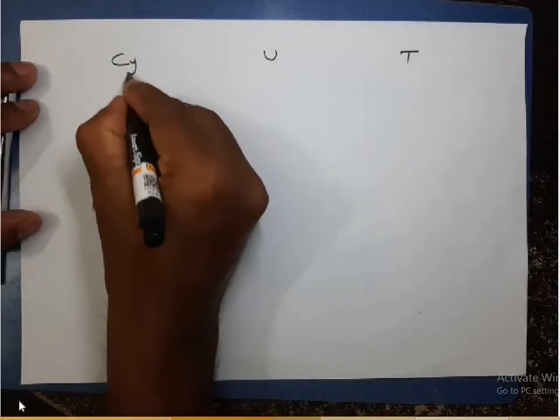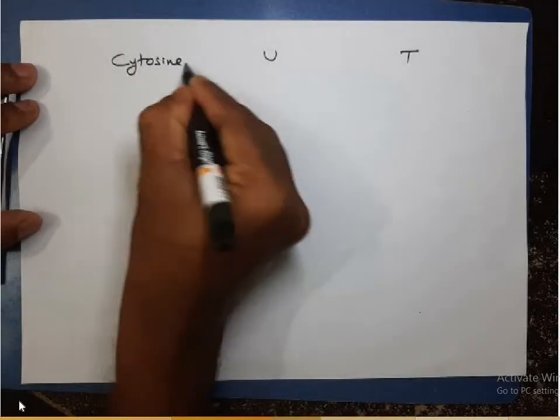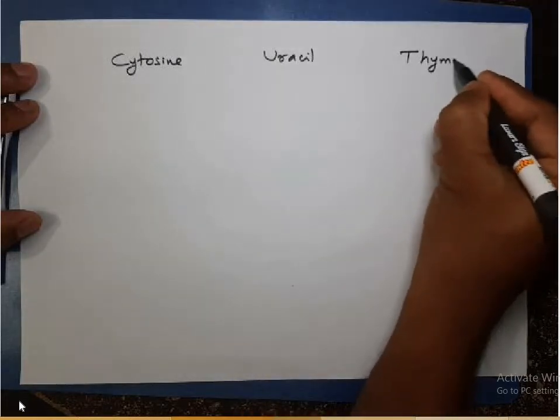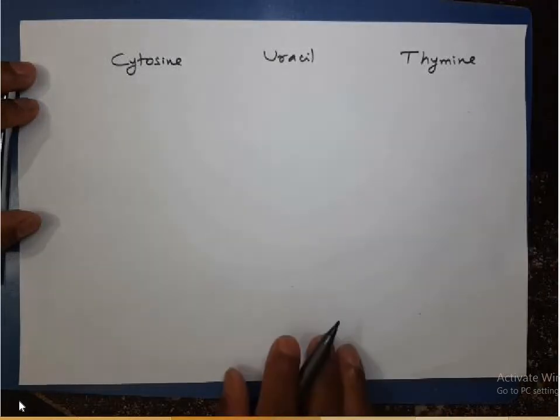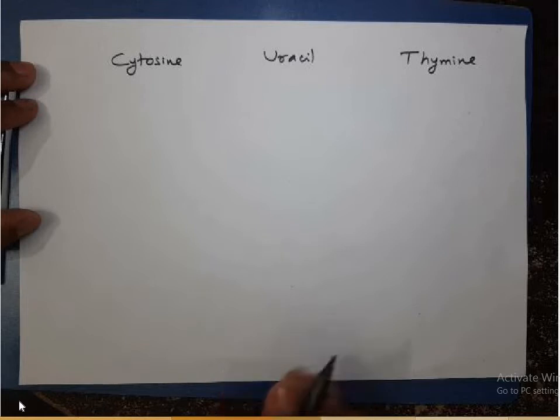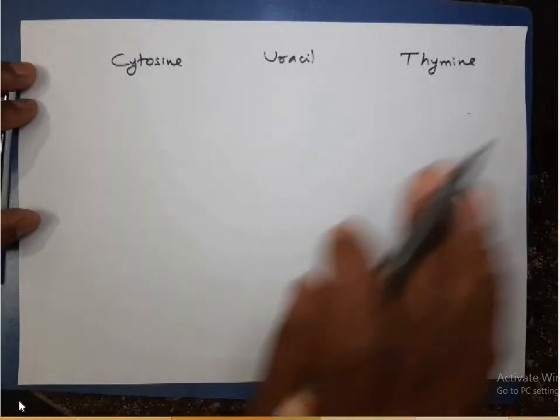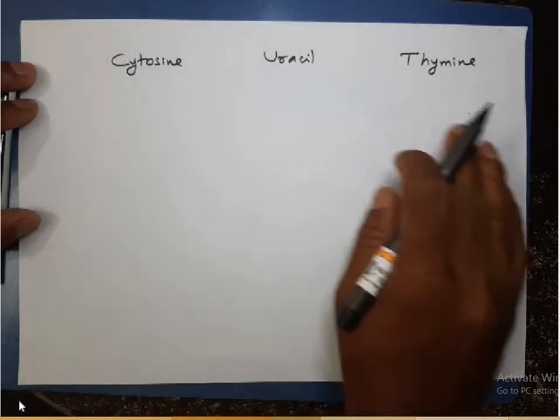C means cytosine, U means uracil, T means thymine. These are the three bases present in nucleic acid. All these three are pyrimidine bases.